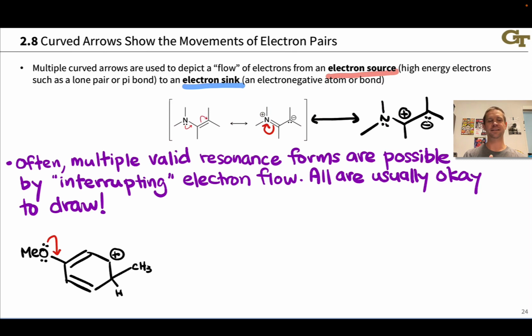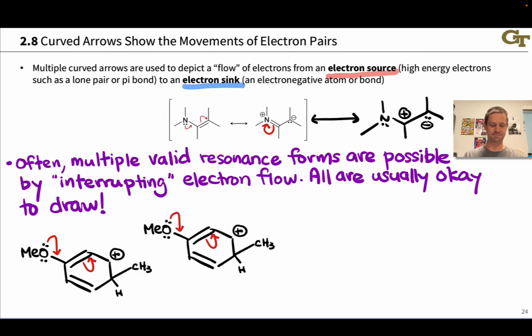Now, this arrow by itself is not valid, right, because I'm already satisfying the octet rule here, but I could continue to push these electrons. I could land them on this carbon here, and this would create an alternative resonance form, and I'm just going to use copy and paste here to save myself a little bit of time.